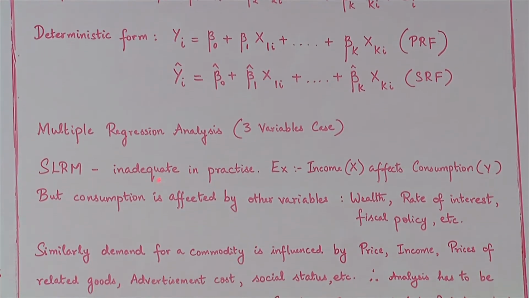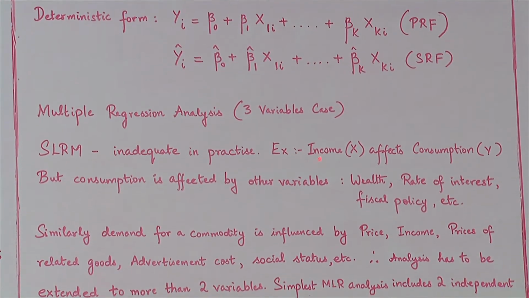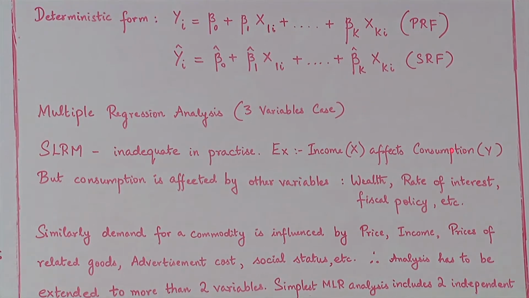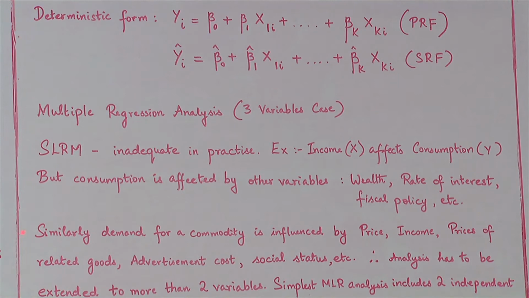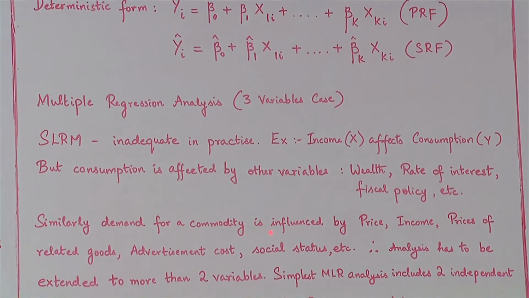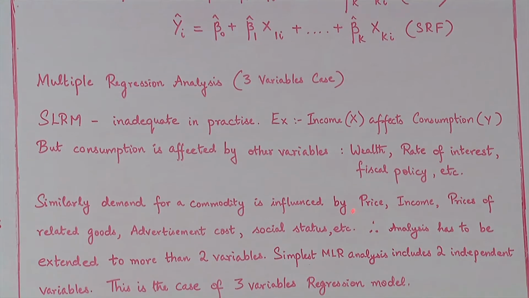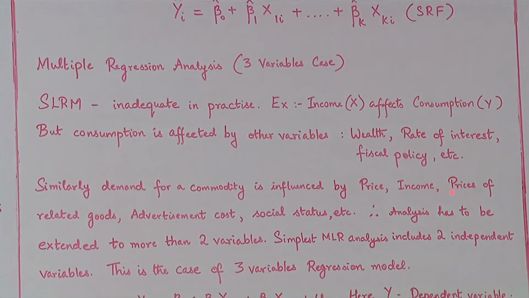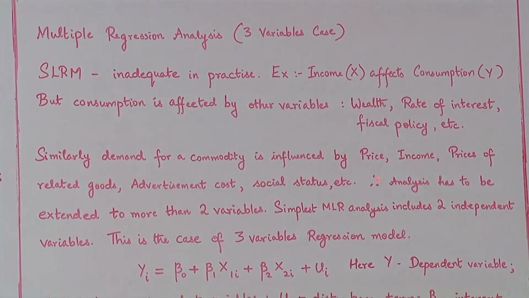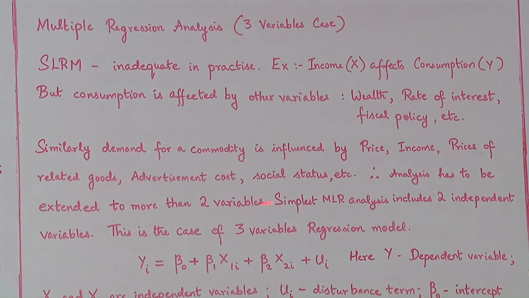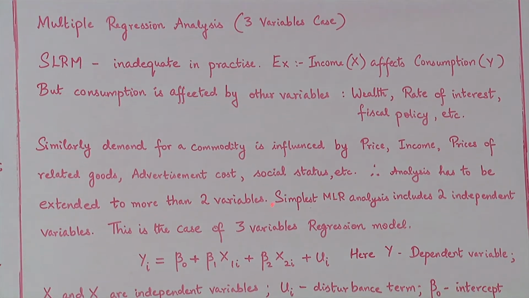Since SLRM is inadequate in practice, for example, suppose we have income which affects consumption, but consumption is affected by other variables also, like wealth, rate of interest, fiscal policy, etc. Similarly, demand for a commodity is influenced not only by price and income alone, but also by price of related goods, advertisement cost, social status, etc. So, therefore, the analysis has to be extended to more than 2 variables in both the cases.